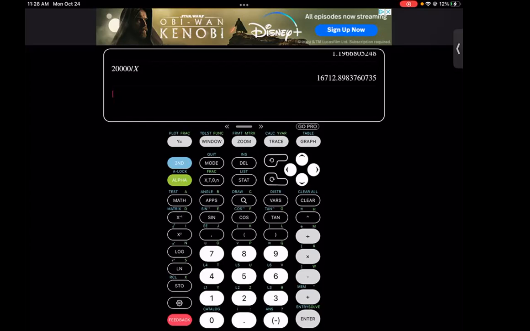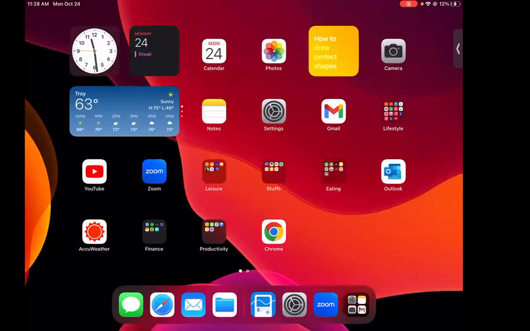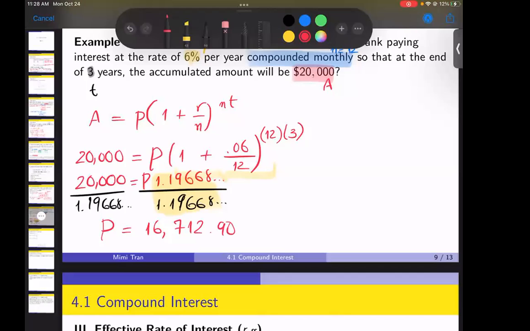So 16712. Okay. All right. Makes sense because it should be smaller than the cumulative amount. Well, I see what people most make mistake on the exam is they forget to change the 6%, and they have a really large number.